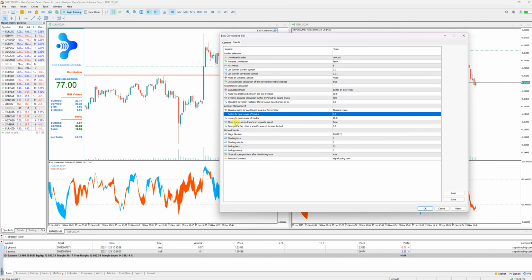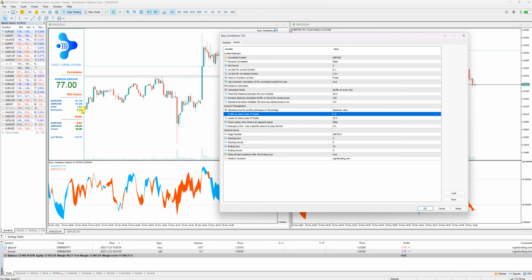But we also have the option to close trades when there's an opposite signal. So in this case, I'm requesting a distance of almost 6 points of RSI. So I can enter the market when this distance is achieved, and I can exit the market when this distance is achieved again, but on the opposite side.